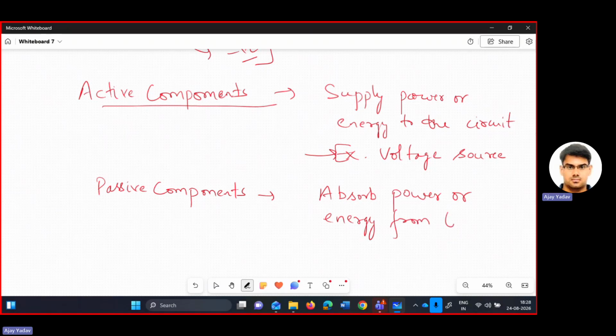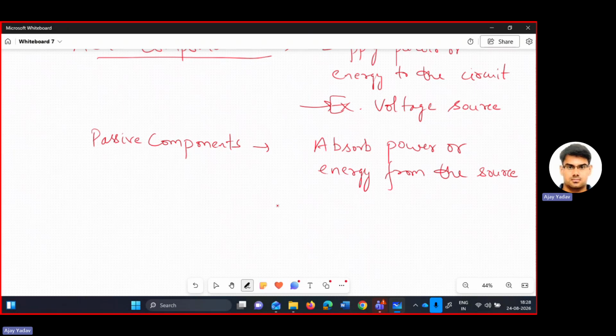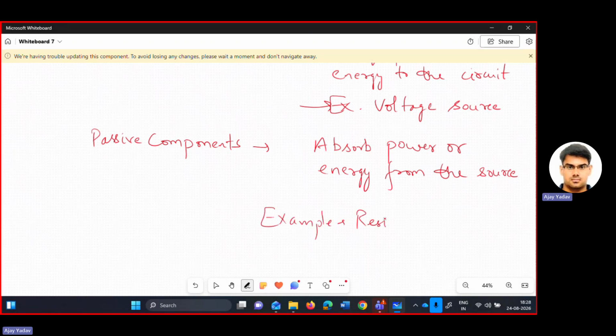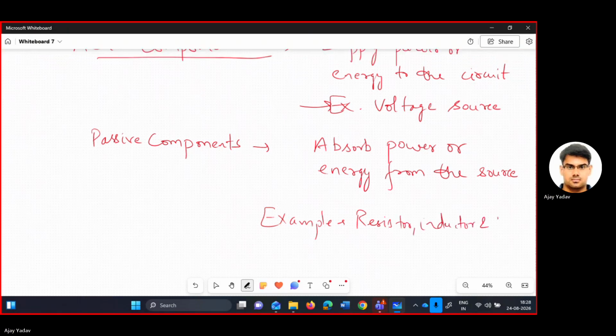Examples are your resistor, inductor, and capacitor. Inductors and capacitors store the energy temporarily, but it is not a permanent store, meaning they cannot store the energy permanently. That's why we say that they are passive components.